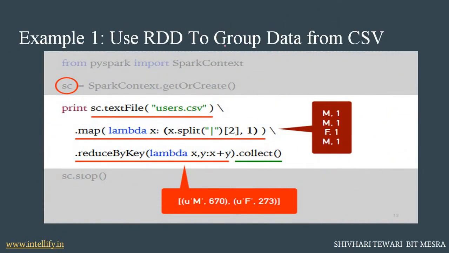Now here is the example: use an RDD to group data from a CSV file. From PySpark, import SparkContext. Here PySpark is the package, and from that package we are importing SparkContext, and we import it as sc.